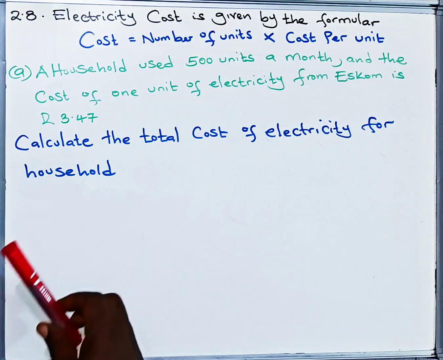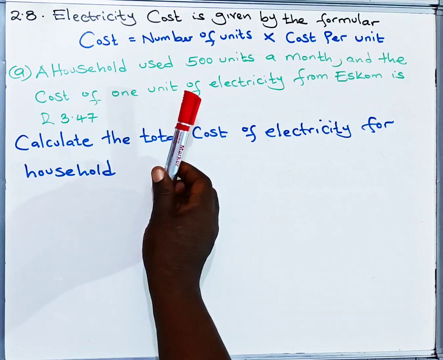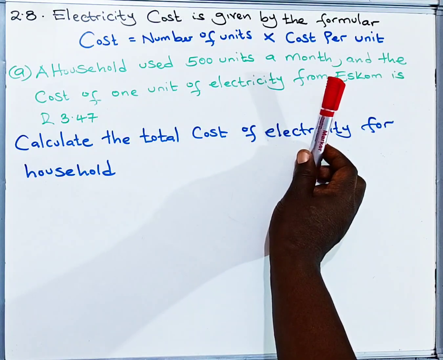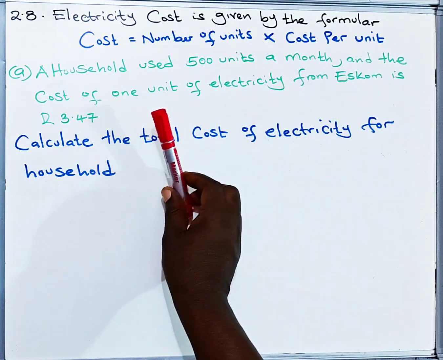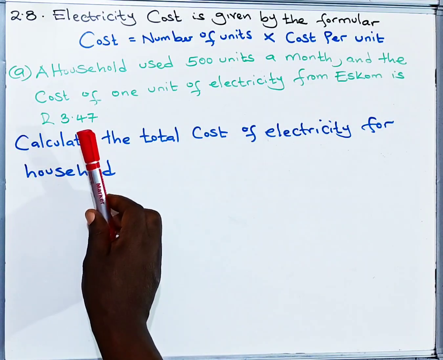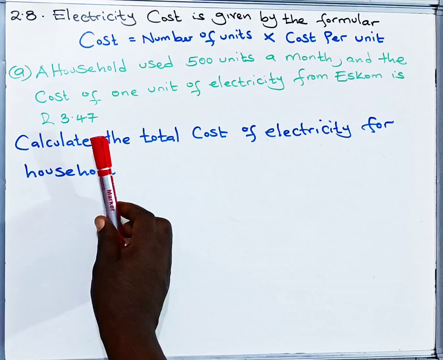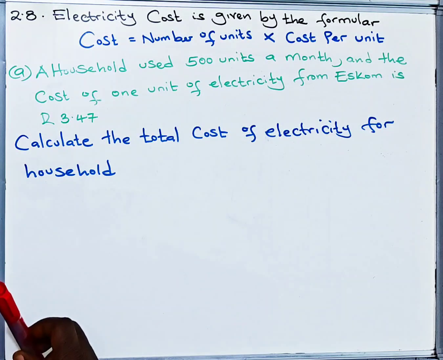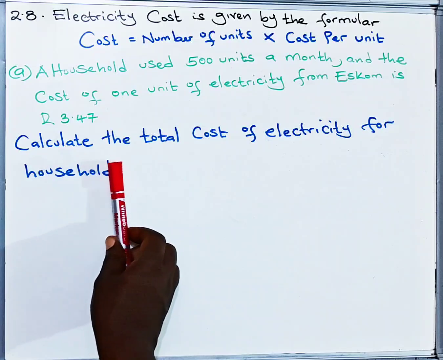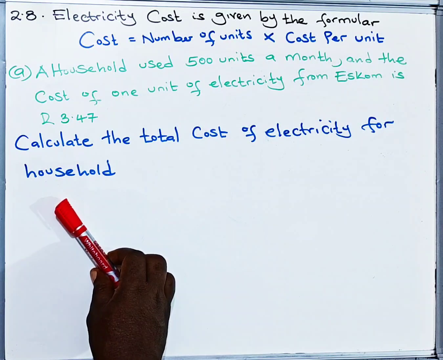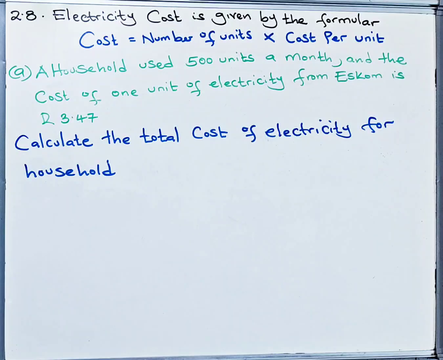It says that a household used 500 units a month, and the cost of 1 unit of electricity from Eskom is 3.47 rand. And the question says that calculate the total cost of electricity for this household.